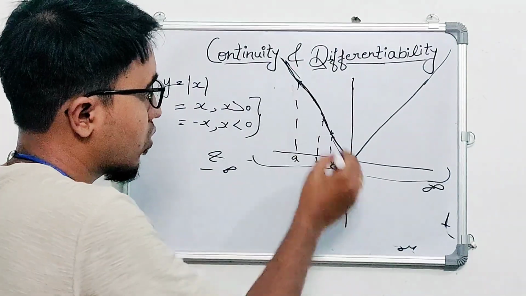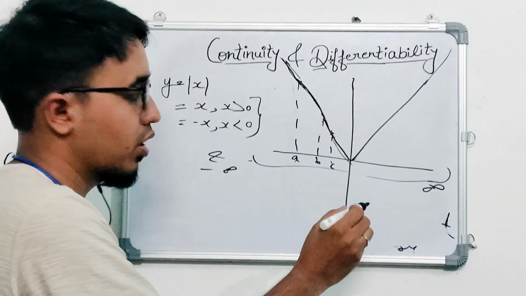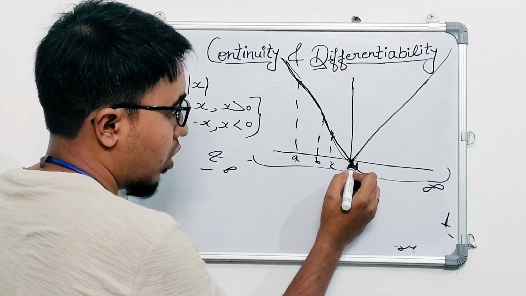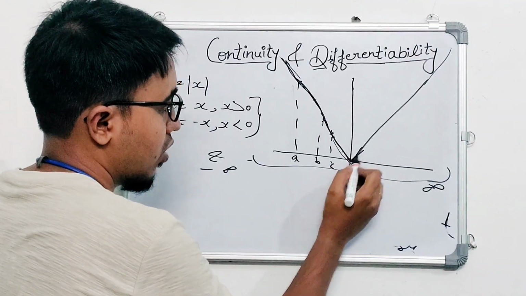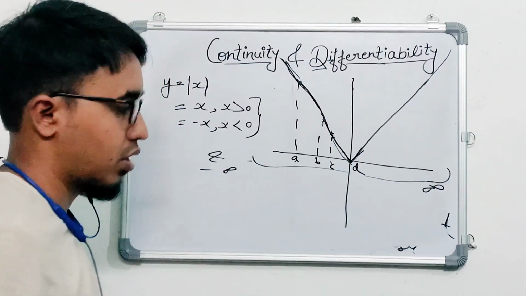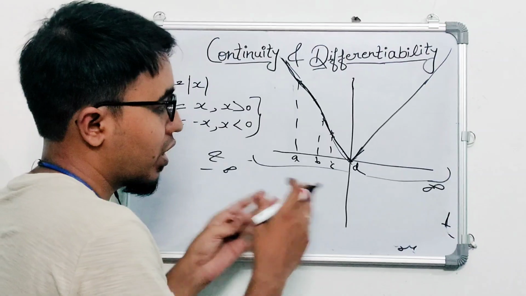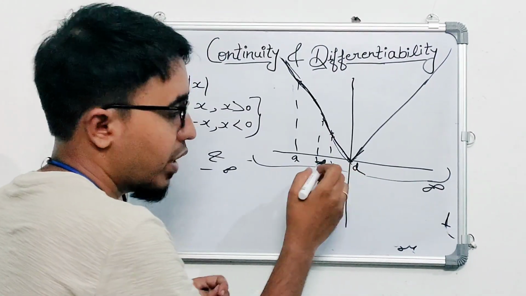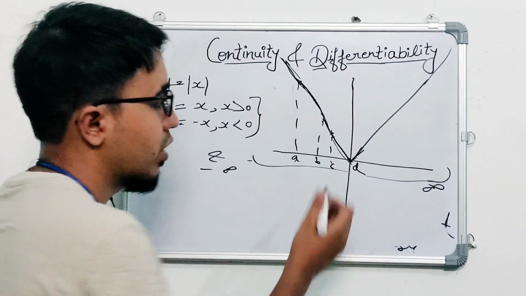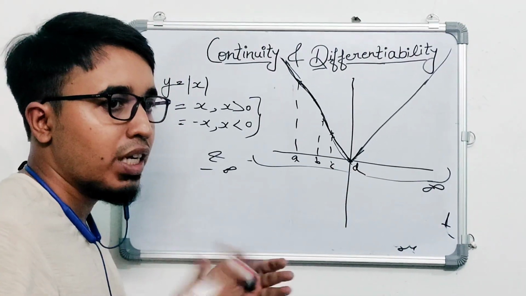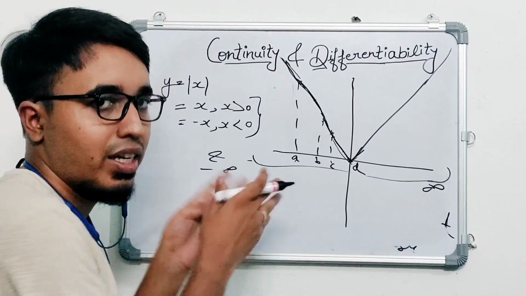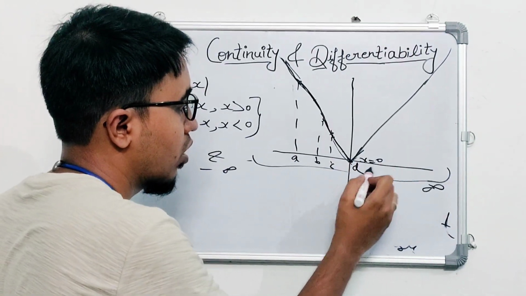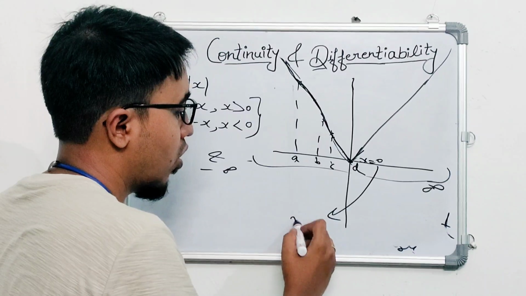But here, at the pointed one, if I want to make a tangent, I will see that I can make an infinite number of tangents. So the derivative of the function would not exist here. That's why at x equal to 0, the function is non-differentiable.